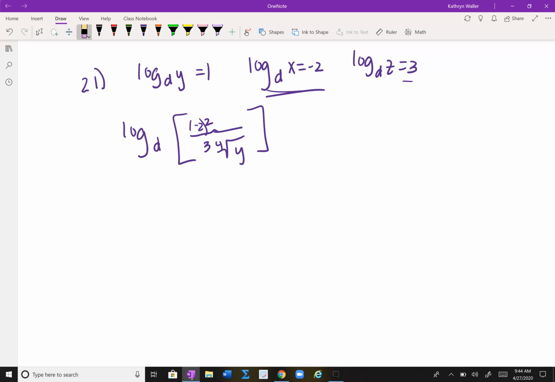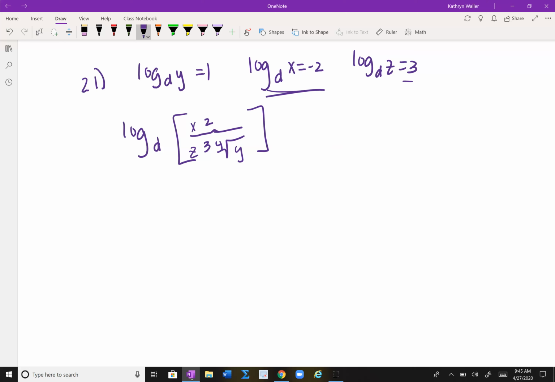That's not saying z is 3. It's saying log base d of z is 3. People will say, okay, this y is a 1, so I'm going to put in a 1, and that is false because log base d of y is 1. Okay, so I'm going to change all those back out. So it looks like that.